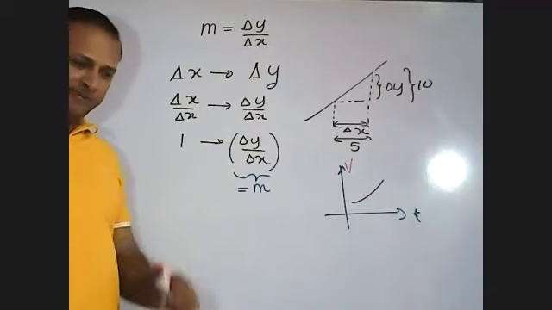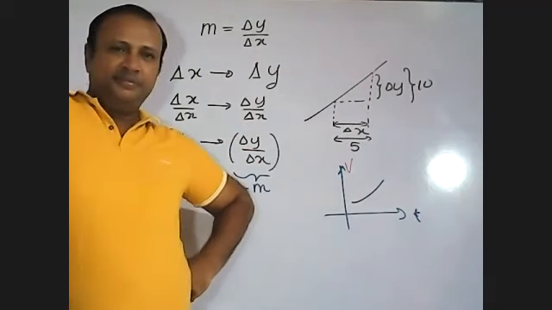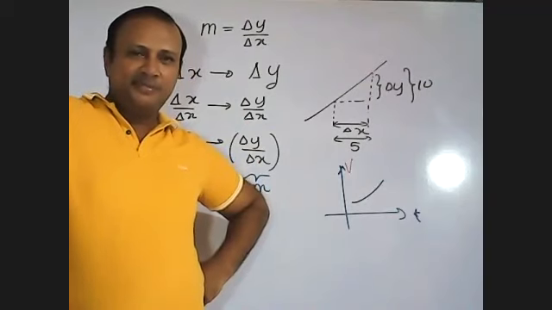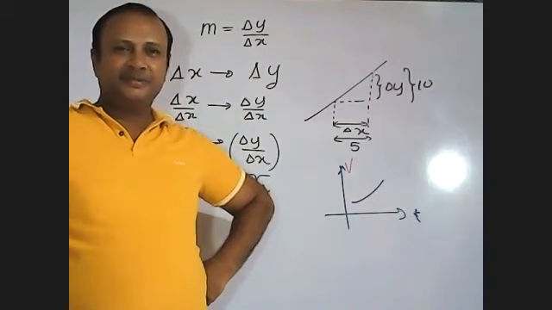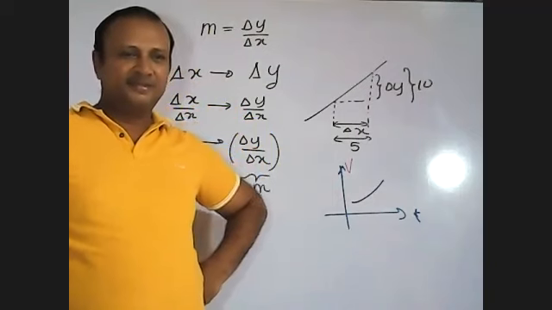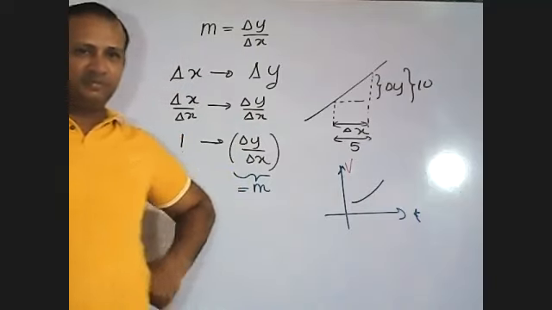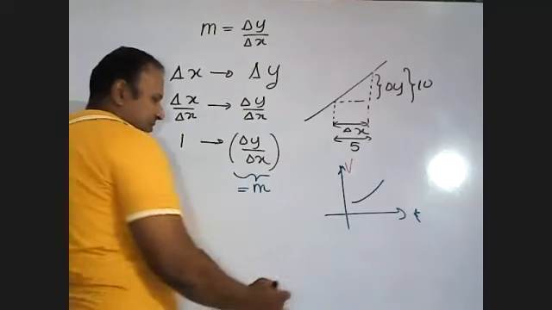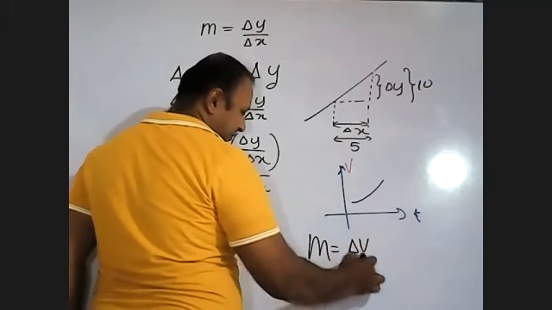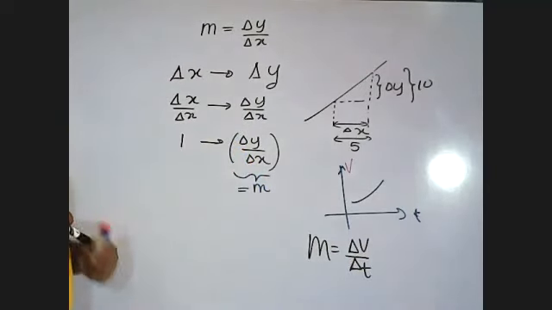How to mathematically describe the thing? So in this case, m is equal to delta V over delta T. So how to tell that one mathematically?